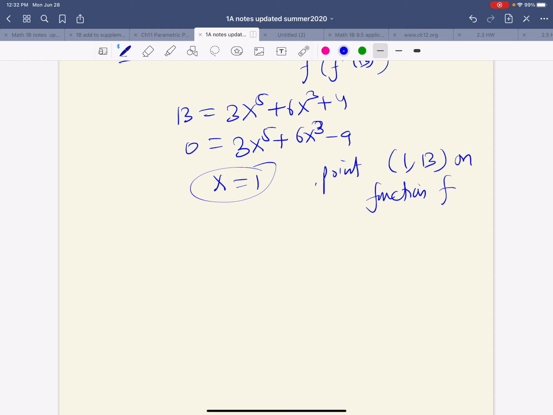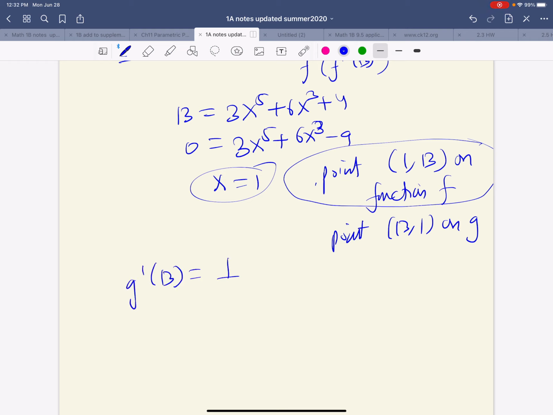And we can also say that the point (13, 1) is on g. So g prime of 13 will be 1 over f prime of 1.